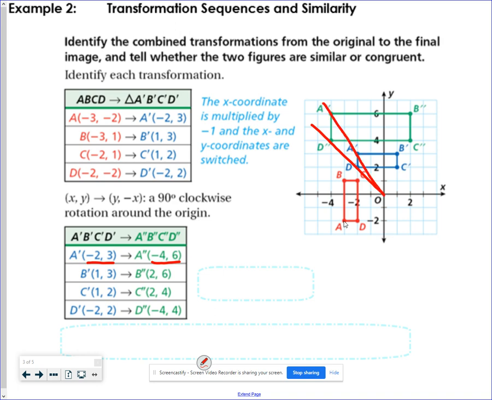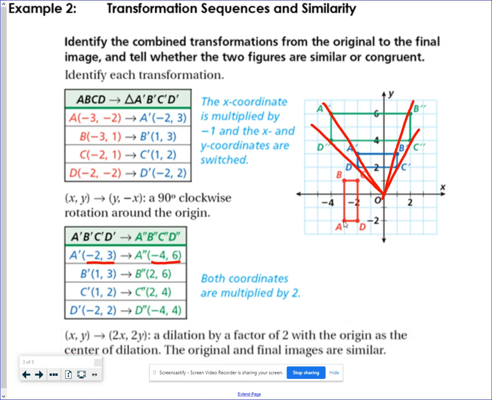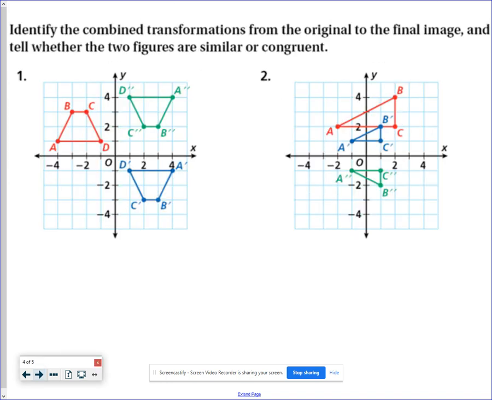There's A prime and double prime. There's B and C, and they all line up. That means it is a dilation, and everything got multiplied by 2, so it's going to be an enlargement, and our scale factor is going to be 2 for this. And again, just like we said at the beginning, they're similar, not congruent on that one.